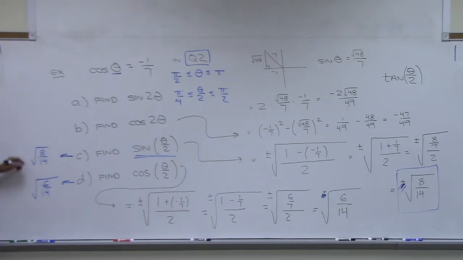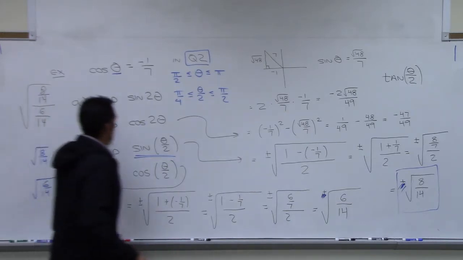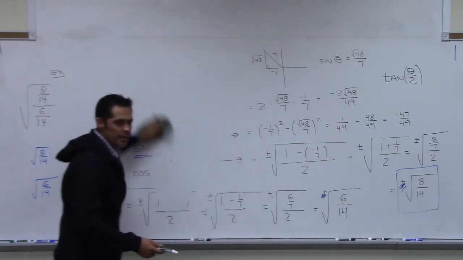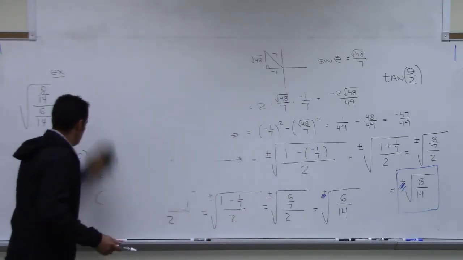So you could put that all into one root. 8 over 14 over 6 over 14, and then flip, and that's it. I don't normally ask for tangent of pi over 2 or theta over 2 on a test, but the book does in the homework. It does some of that. I figure, shoot, if you can get to sine and cosine, then you're good for tangent, right? Because you can always just do a ratio.